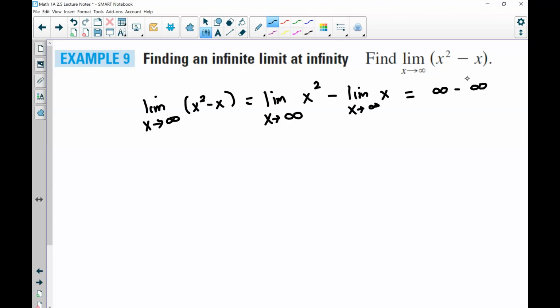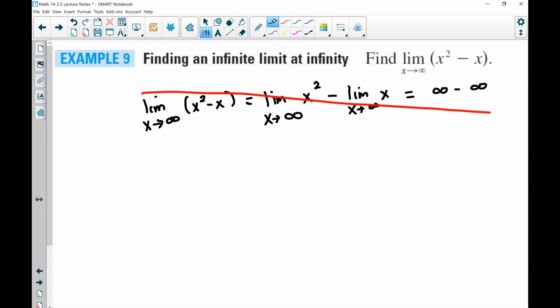Now the limit laws can't be applied to infinite limits because infinity is not a number. So we can't do it this way. But we can do it another way.